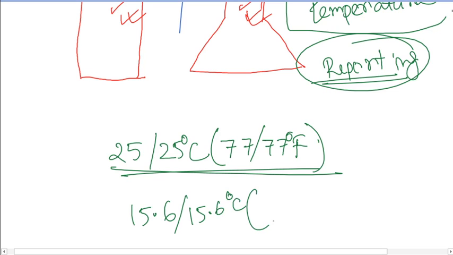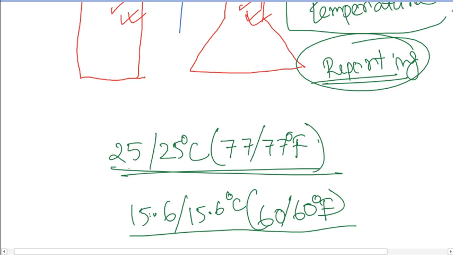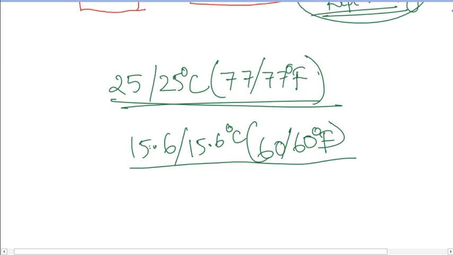In bracket we can also say this is 60/60 degrees Fahrenheit. So either of these two temperatures can be used for the experiment.